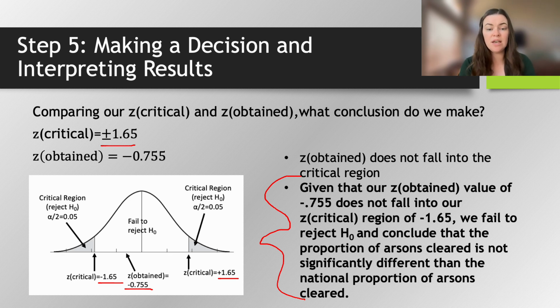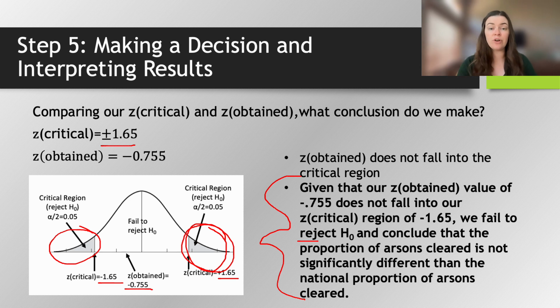Given that our z obtained value of negative 0.755 does not fall into our z critical region, again, that it did not fall into this danger zone or shaded region, we fail to reject H0, which represents our null hypothesis, and conclude that the proportion of arsons cleared is not significantly different than the national proportion of arsons cleared.